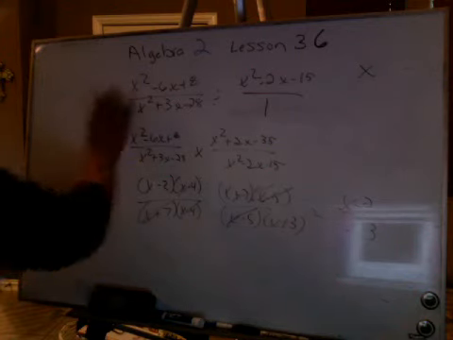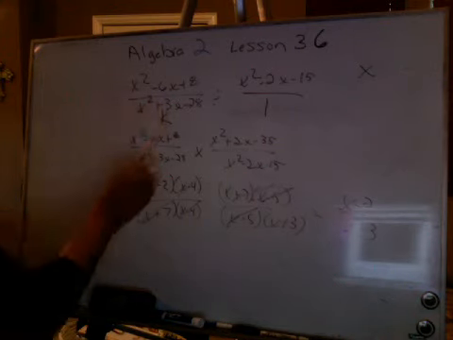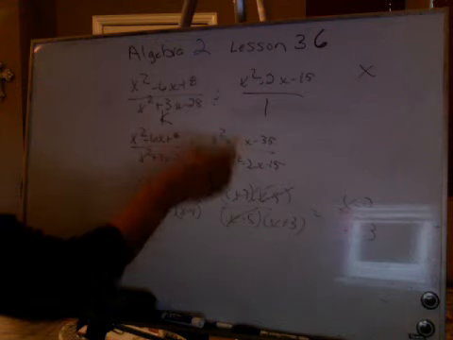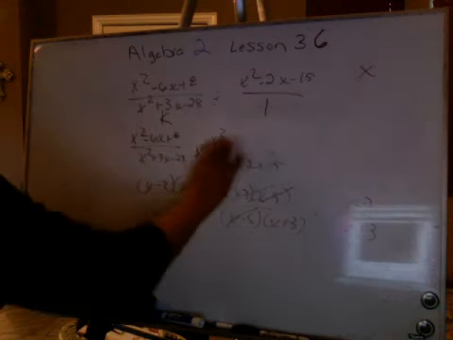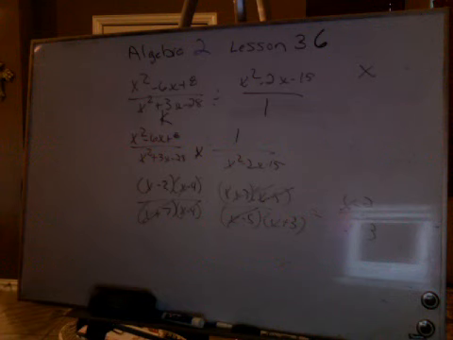Once it's shaped, then you keep this as is, you rewrite it, you change the sign, and you flip this over. So then this will become 1 over. So you can't forget how to do simple fraction problems. So do your practice problems A and B, and we'll see you in class.